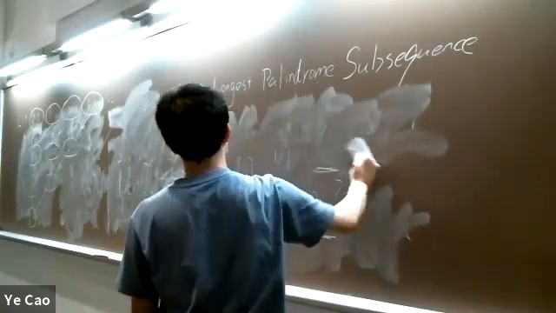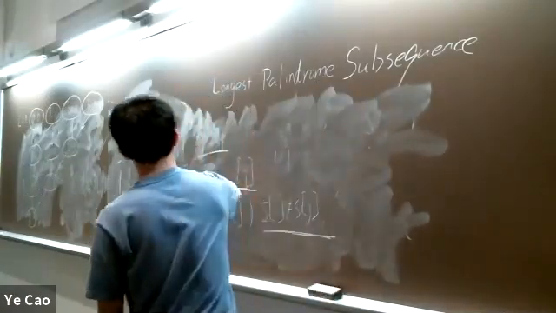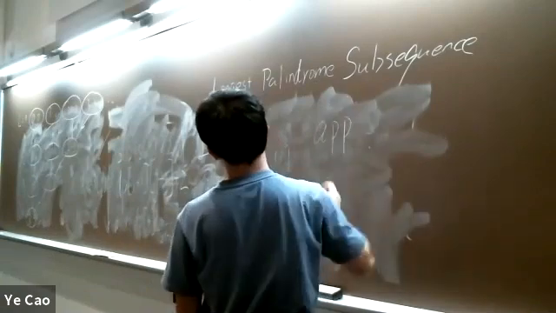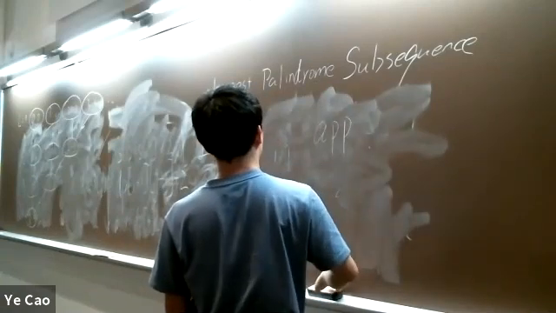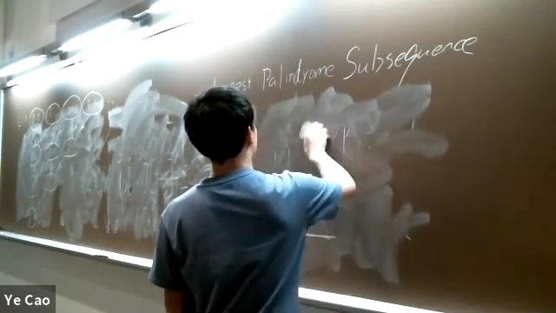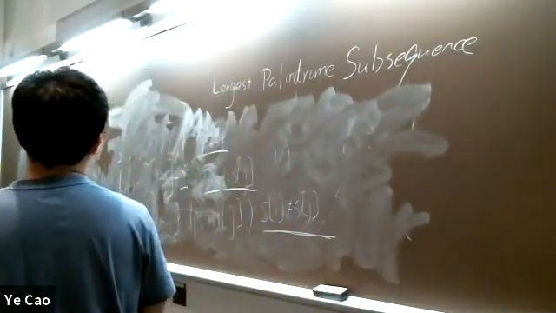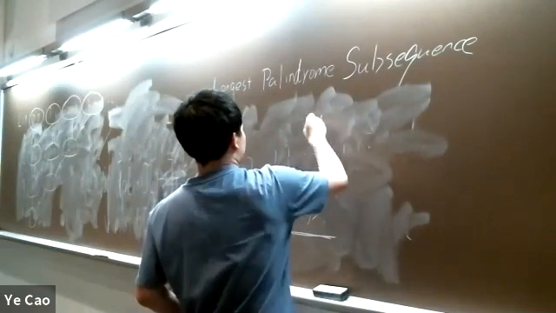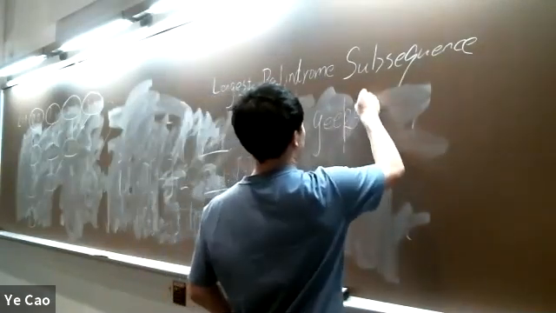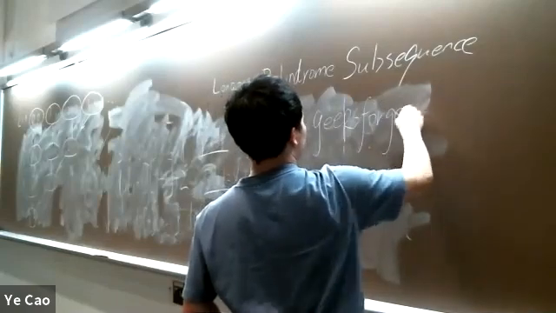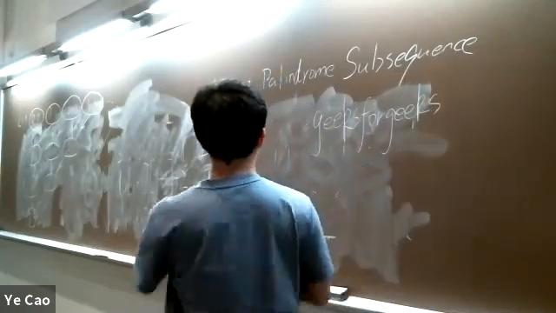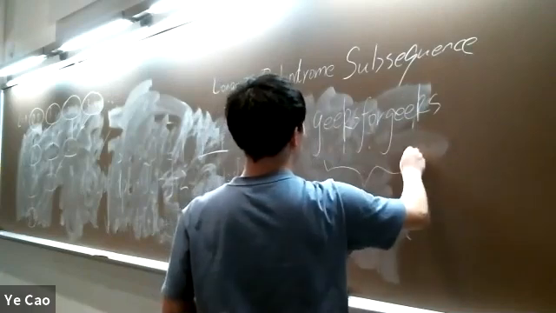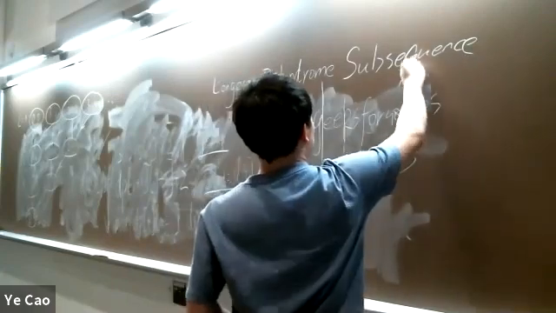saying that if the character at index i is equal to the character at index j, say you're trying to compute this part.